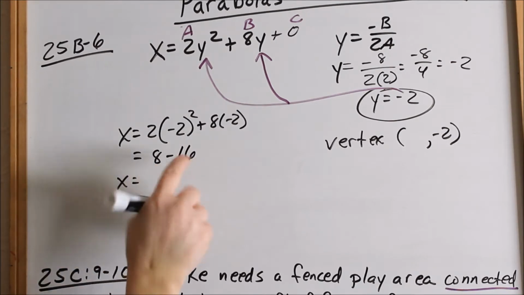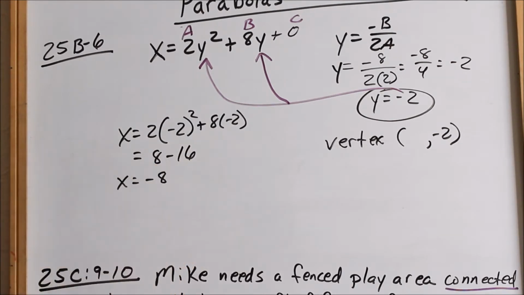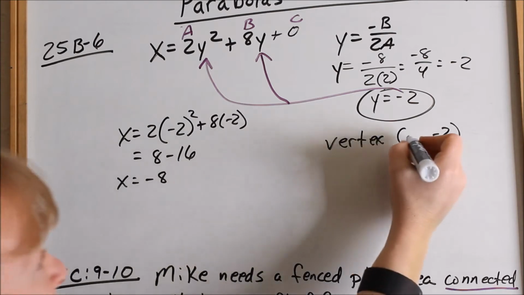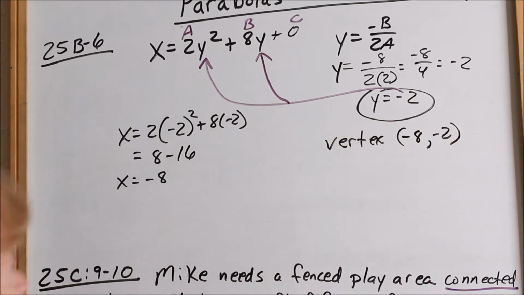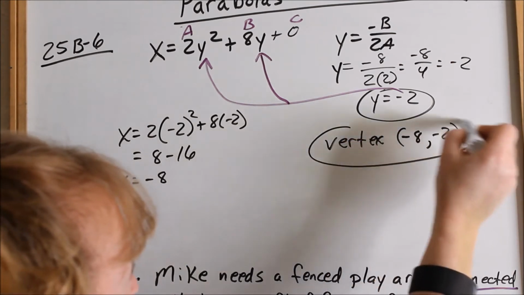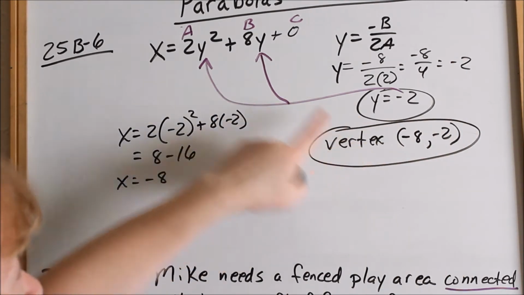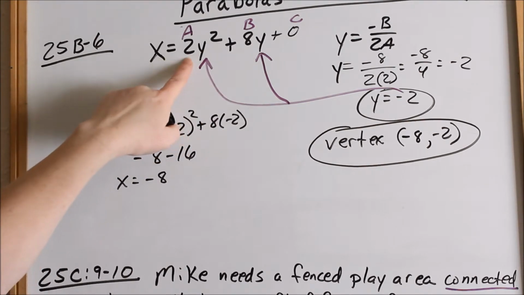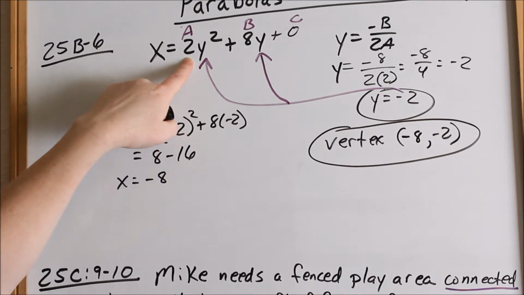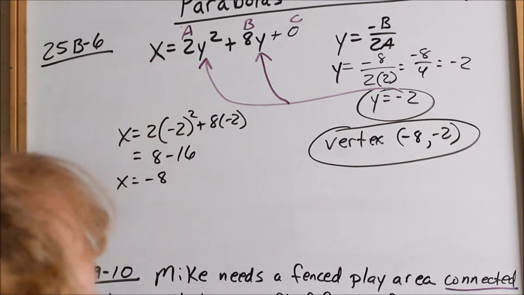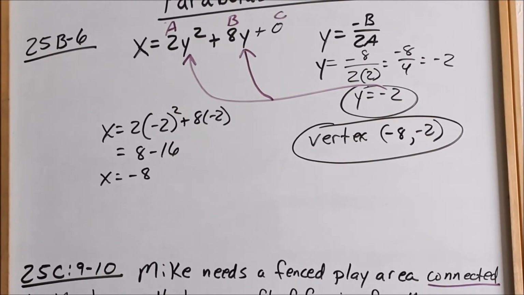So 8 minus 16 is a negative 8. So that is my x coordinate for my vertex. Now that I know my axis of symmetry and my vertex, and looking at my equation, this coefficient in front is positive, which means it will face to the right. So I have all the information I need to sketch a rough sketch of my graph.